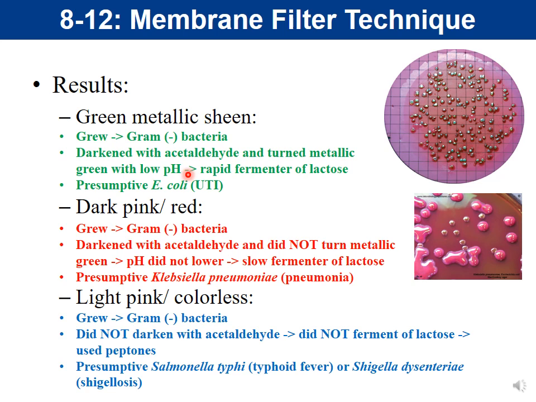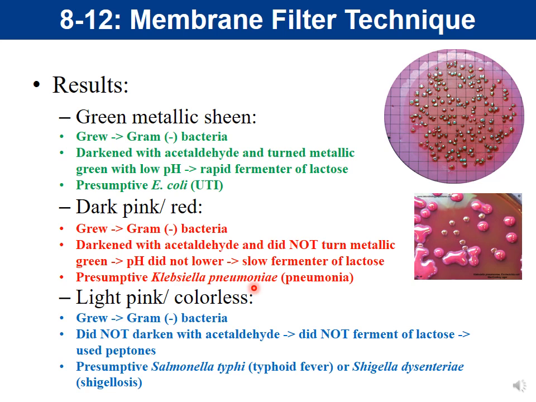You would want to know that if it's metallic green sheen, that is presumptive E. coli. The disease that goes with that is a urinary tract infection, and this metallic green sheen would be positive for being a coliform because it is a gram-negative bacteria. It does ferment lactose, and it produces the acids. The dark pink red, again, is gram-negative because it grew.